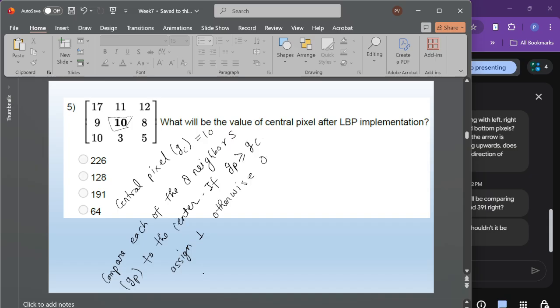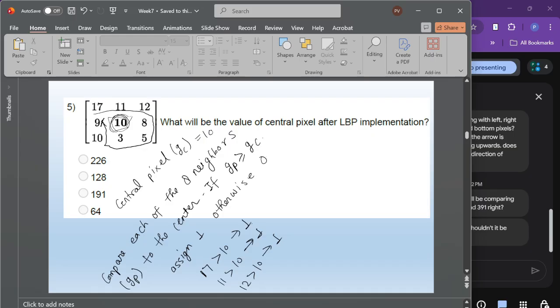So the first one is 17. 17 is greater than 10, right? So assign 1 here. Now the next one is 11. 11 is again greater than 10. Please assign 1. So 12. 12 is again greater than 10. Assign 1. Now the next one, we will move like this. Because this one is our central pixel, we don't need to compare it with itself.